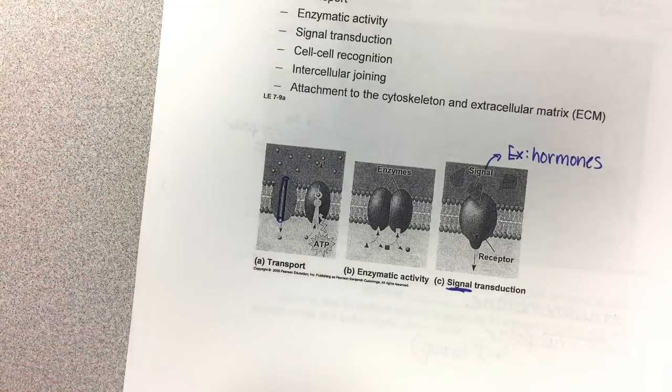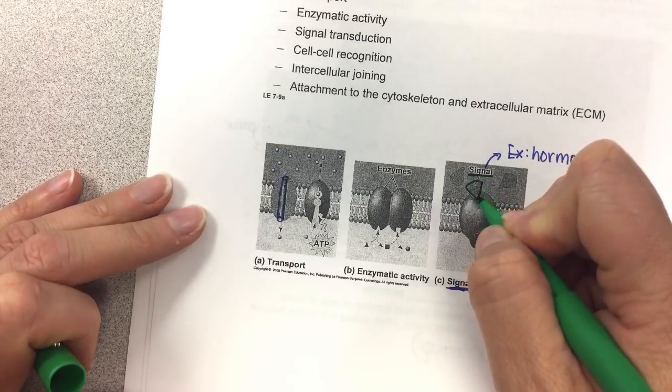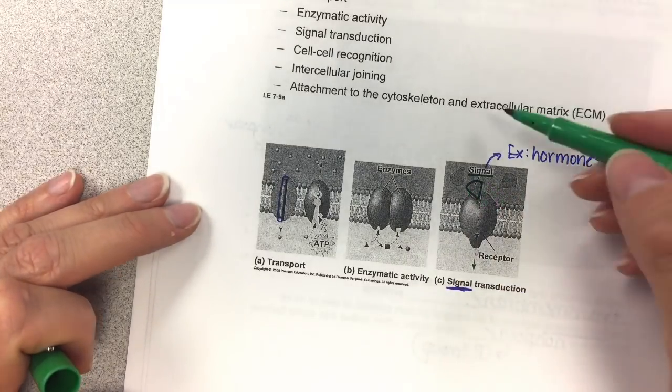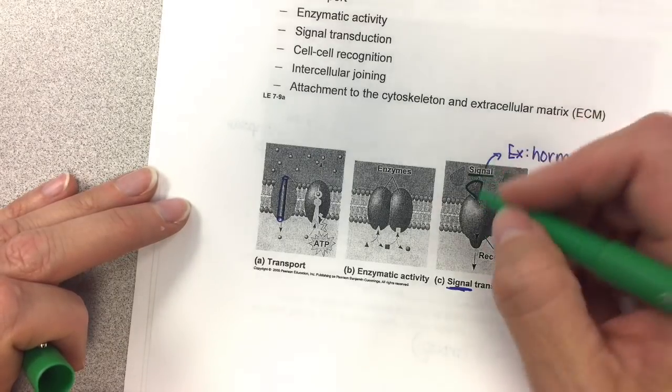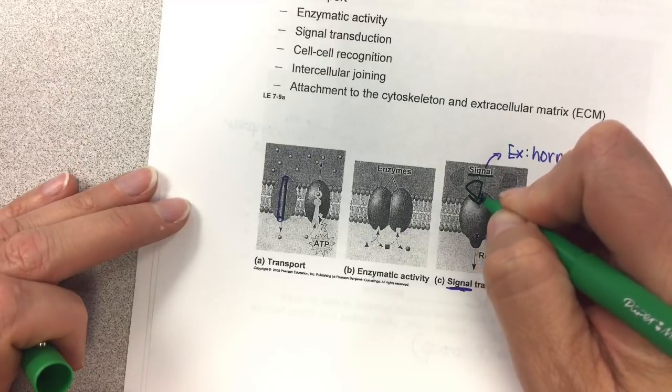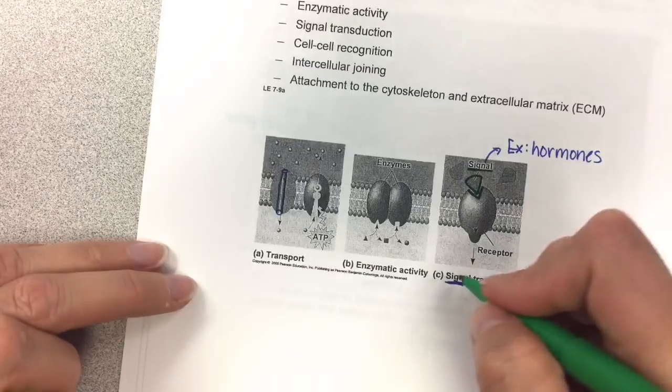And so when you look at a signal molecule, this comes from another cell, and this signal molecule comes to this other part of your body, binds to this receptor. Notice the receptor has a complementary shape, binds to that receptor, and causes a change to happen.